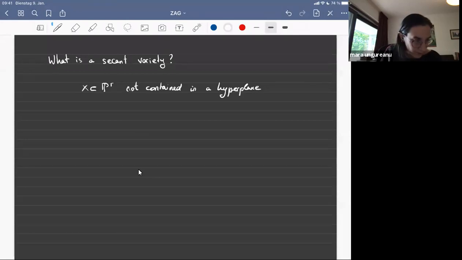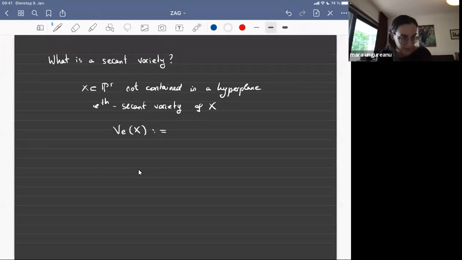And now I'm going to define the e-th secant variety of X. I'm going to denote it by Σ_e(X), and I'm going to define it like this.